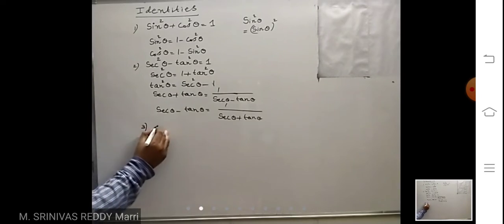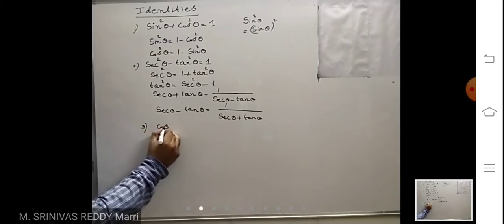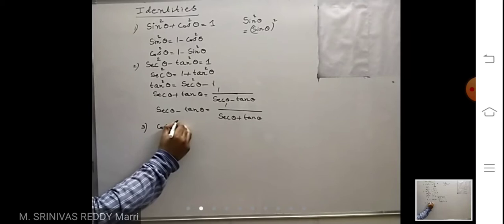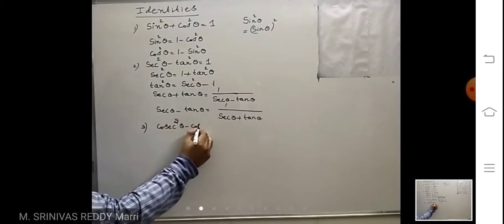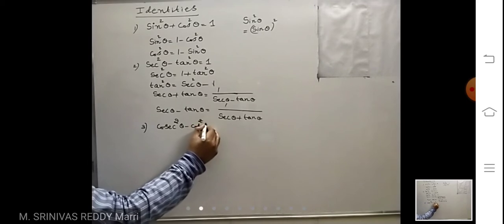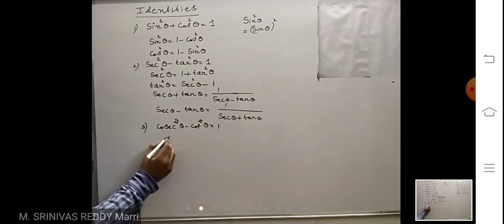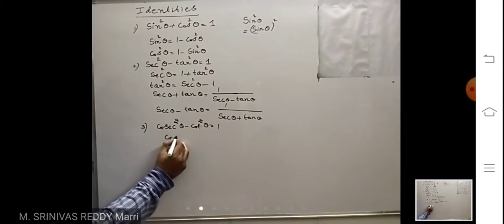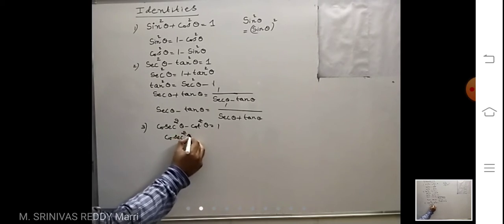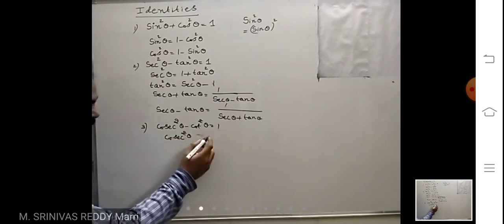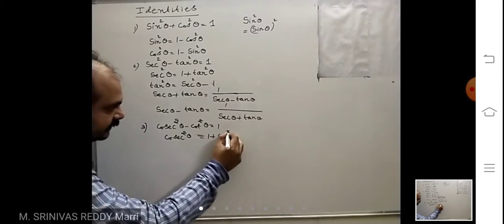Number 3. Look. The third identity is cosecant square theta minus cot square theta equal to 1. So that means, if you want to write the conversion, cosecant square theta is nothing but 1 plus cot square theta.